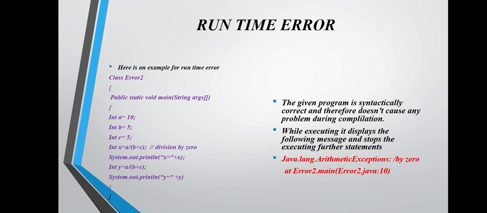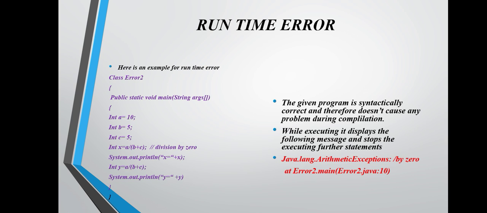Now x is equal to a divided by b minus c. As usual, 5 minus 5 is 0, so 10 divided by 0 is a division by zero. Then System.out.println x is equal to plus x.